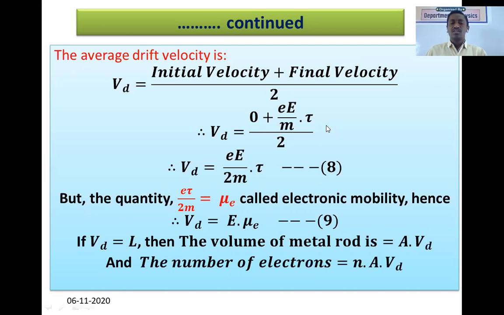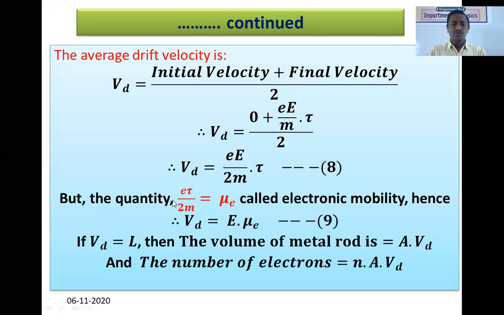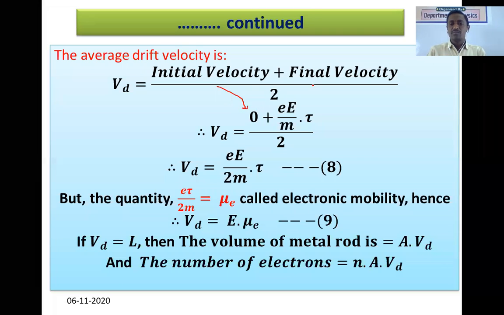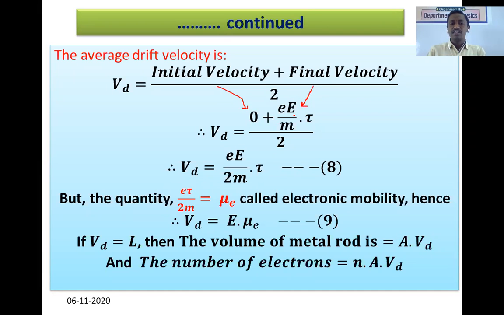That motion is called drifting, and the velocity of drifting is called drift velocity.